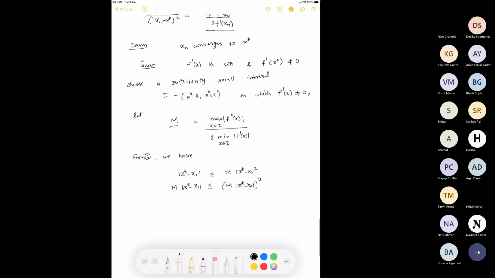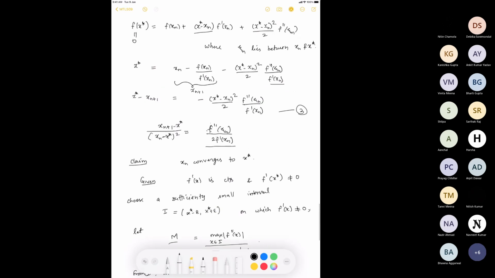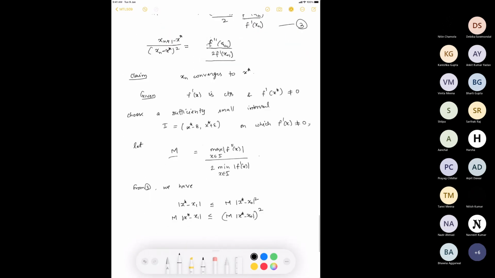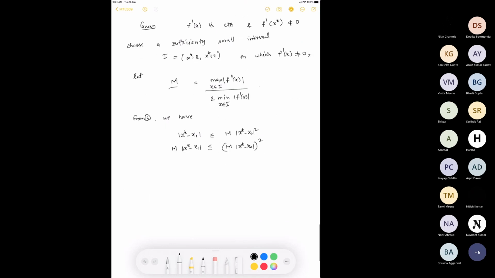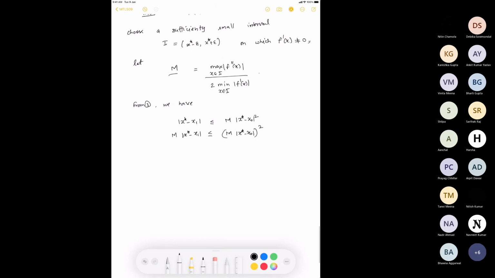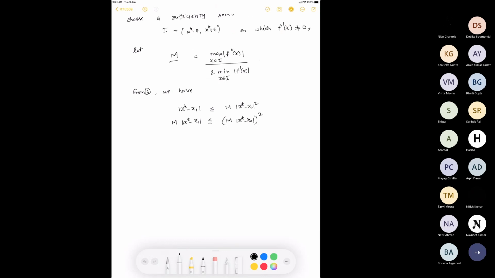Okay. So note that I have not really told how I'm going to choose my x0 so far, right? I know that there exists one interval where f prime x is not equal to 0. And now I'm going to tell you how I'm going to choose my x0.